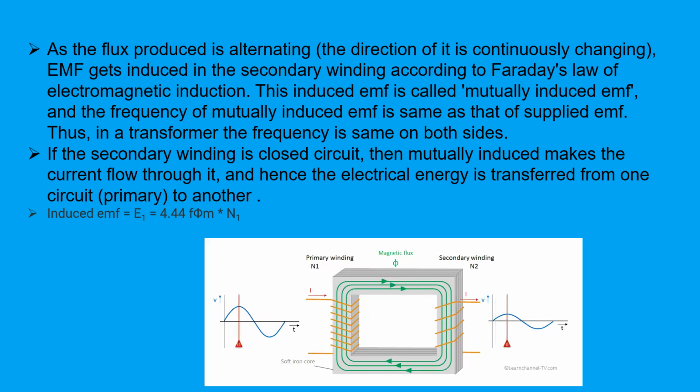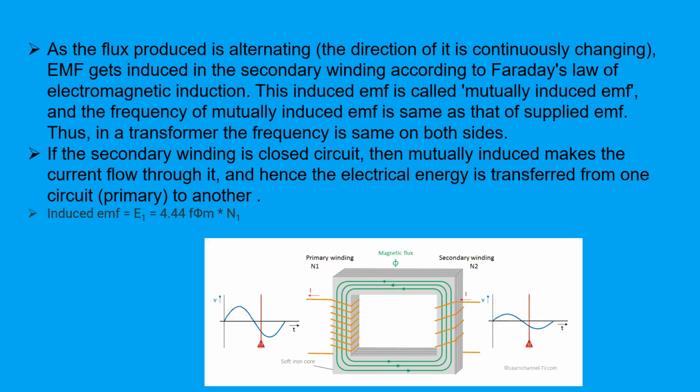And when the circuit is closed, it will drive the current. So now the power is transferred from the primary to the secondary. There is no electrical connection between the primary and secondary, no wire connecting them. They are connected only magnetically, by Faraday's laws of electromagnetic induction and by mutual induction.